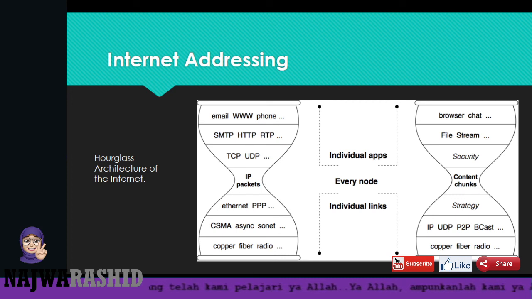So this is the hourglass architecture of the internet. The top is individual applications, the bottom part is individual links, depending on what links and what applications you use. At the middle, for every node it is the same. We use IP in order to send the data from one part to another part.